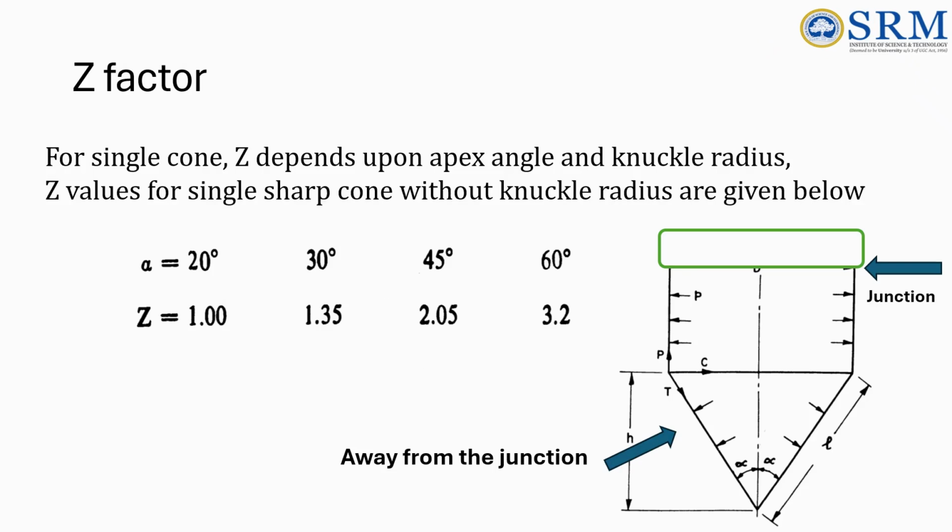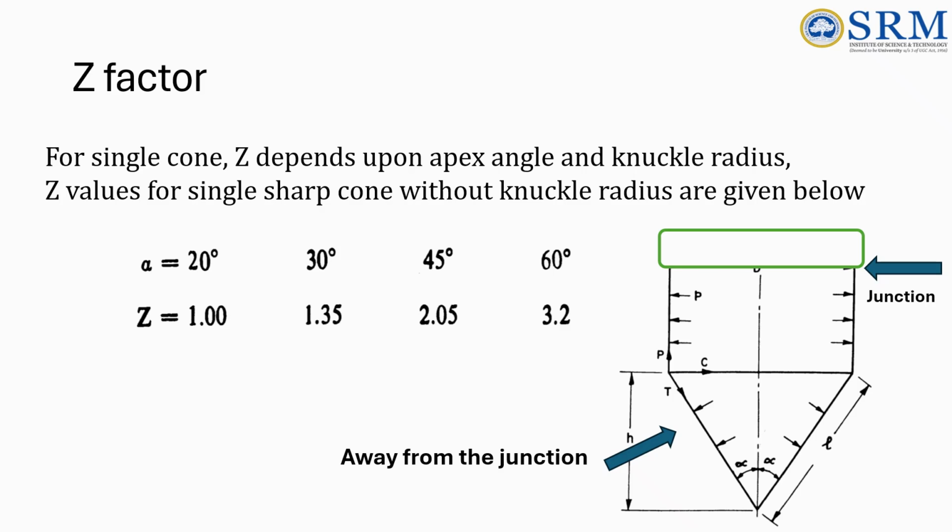To account for the Z factor, we need to know Z values and alpha values, where alpha is a half apex angle and it varies from 20 degrees to 60 degrees. The normal standard value for a conical head is 30 degrees, and if it is greater than 30 degrees and within 60 degrees, the cones are said to be steeper.